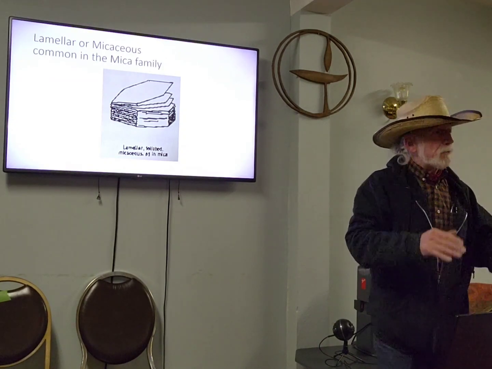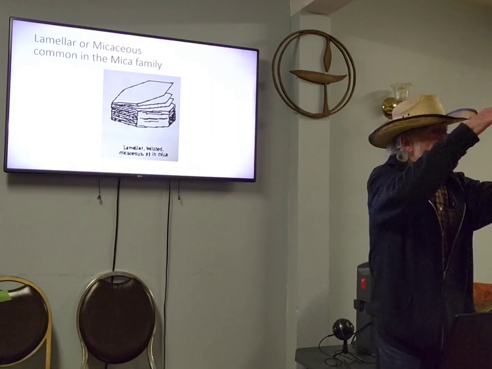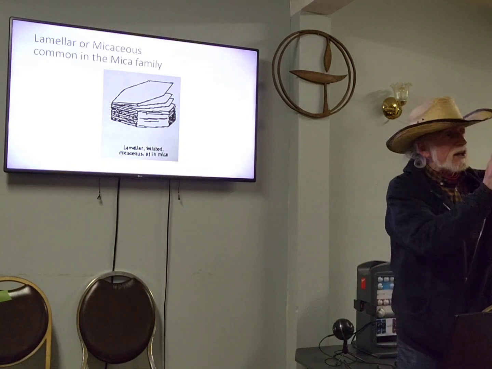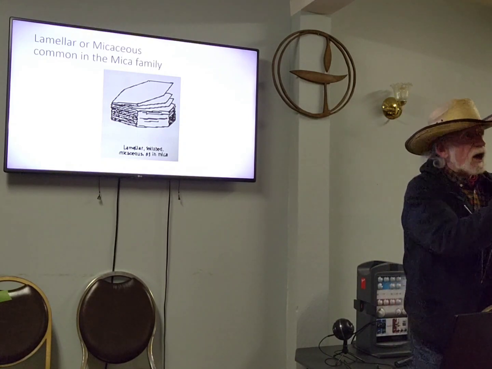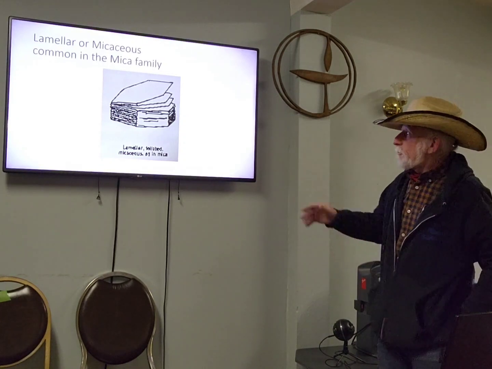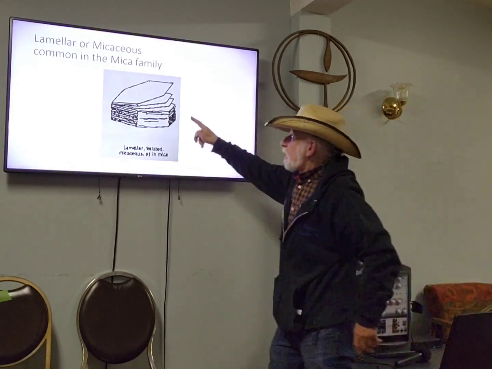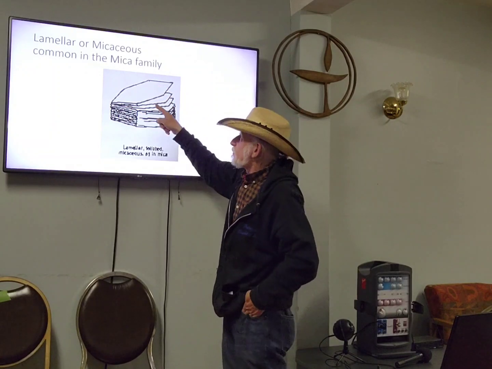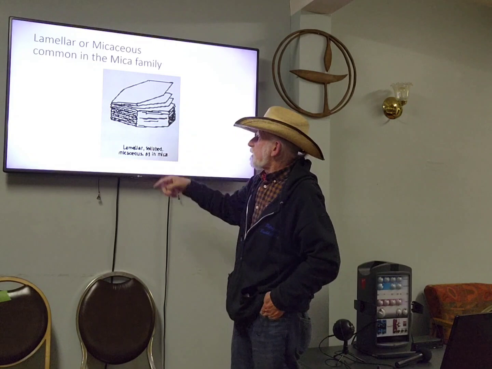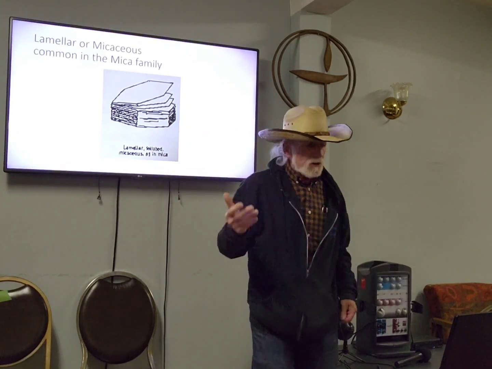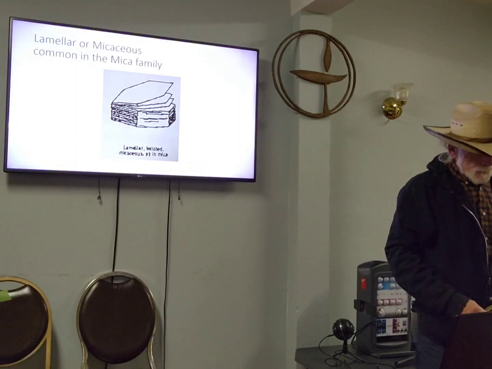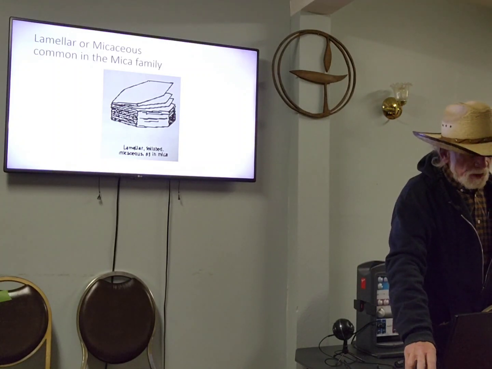If you take a pencil, which is hexagonal, that would be the crystal, and the cleavage occurs at right angles to that. Like slicing up a pencil, that would be the cleavage of mica. So they showed you a hexagonal shape here, and this is the way it cleaves. So this is a possible way that crystals can grow together. Okay? Lamellar or micaceous.